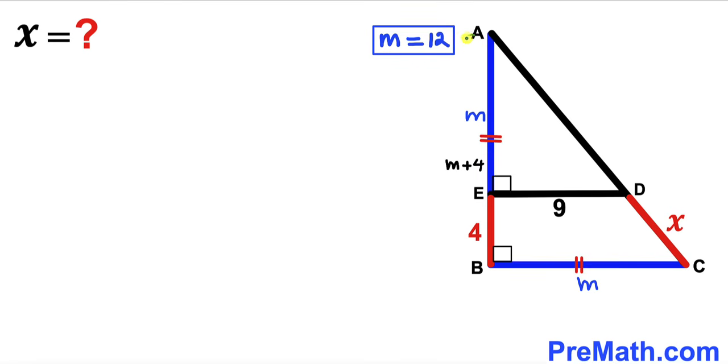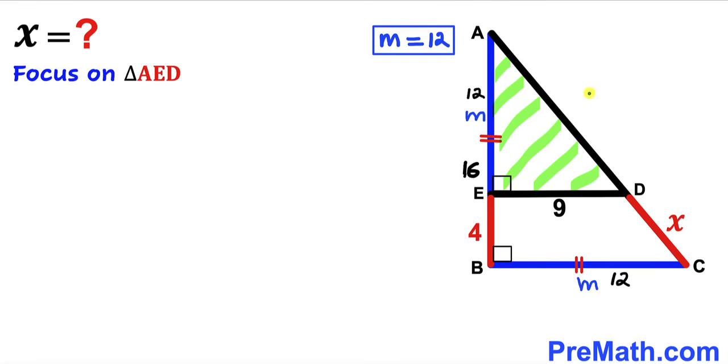So this AE length, this m, is going to become 12 units. Likewise, the side BC length, which is m, turns out to be 12 units as well. Furthermore, the whole side AB length is m plus 4, meaning 12 plus 4 gives us 16. Now we focus on this smaller right triangle AED, whose side lengths are 12 and 9.